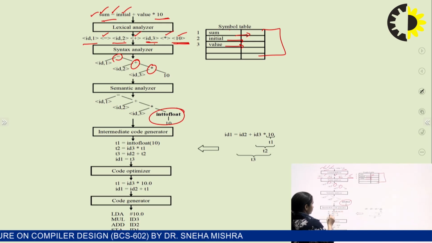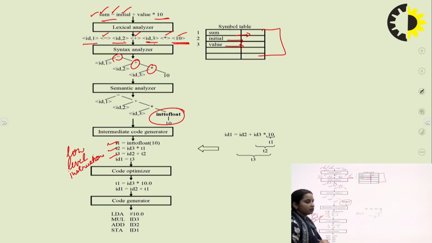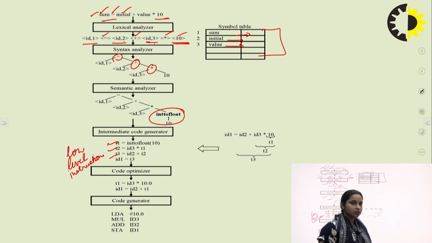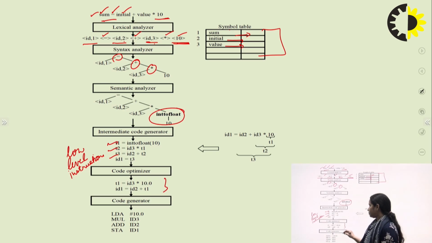Then intermediate code generation, you are aware that we are assigning intermediate, low level instructions. After these low level instructions, what are we doing? We are doing the code optimization part, in which we optimize any statement that can be optimized.